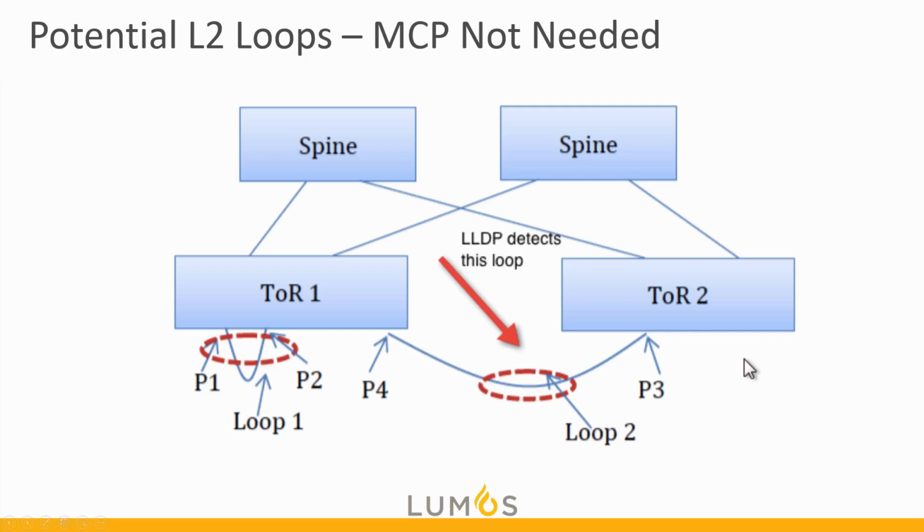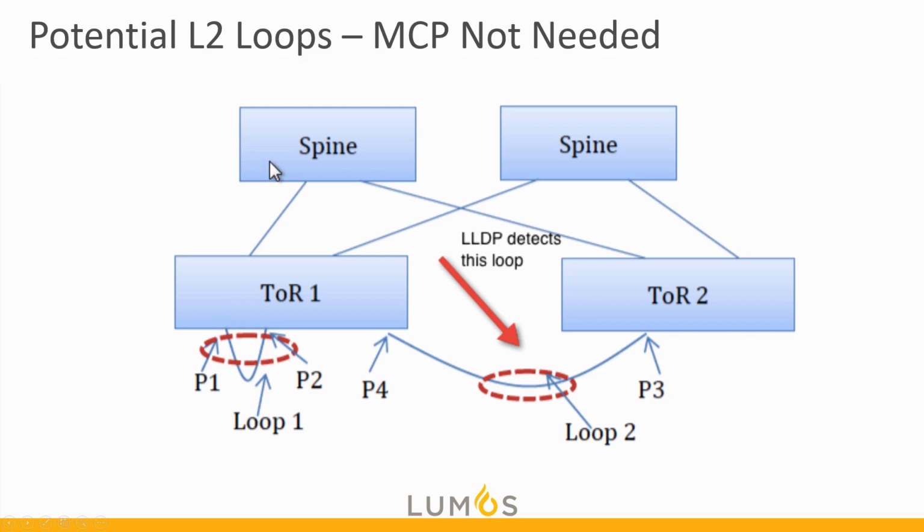You should only ever connect a leaf to a spine or to a host, or to an external switch or to an external router. Now, spines cannot be connected to spines ever, at least not today. And they cannot be connected to hosts. They can only be connected to leafs.